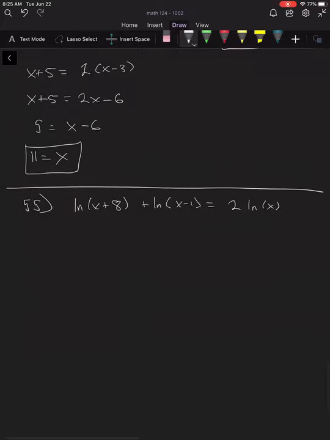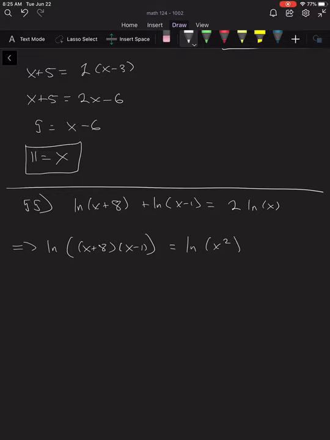So let's combine everything on the left-hand side. We're adding 2 logs, so we can write this as natural log of x plus 8 times x minus 1. And on the right-hand side, we can bring that 2 on the inside as a power. So natural log of x squared.